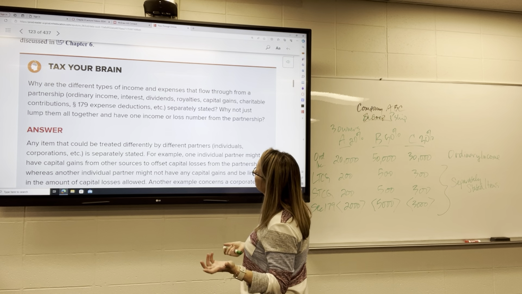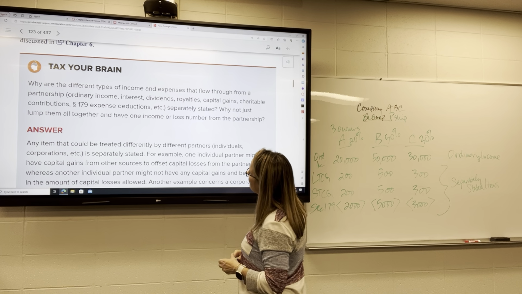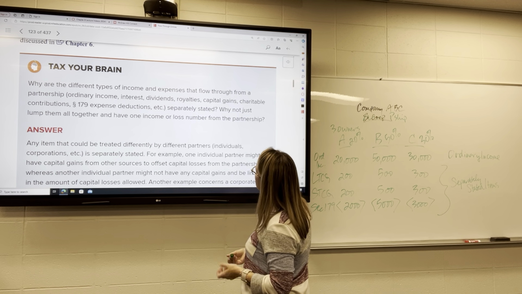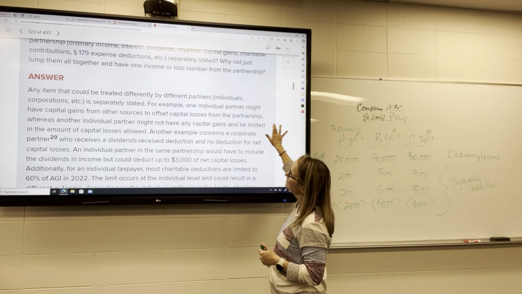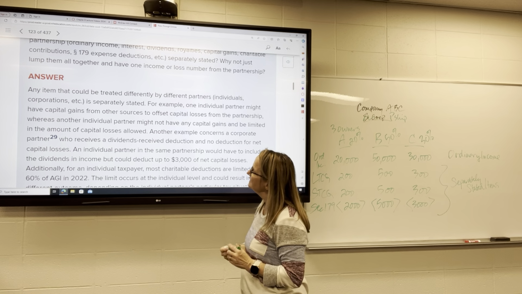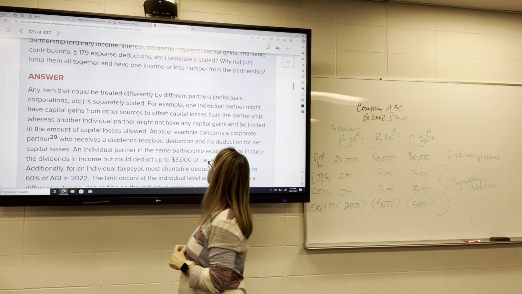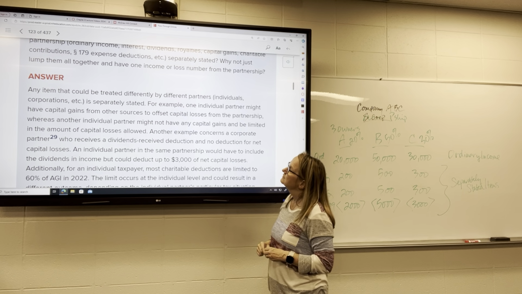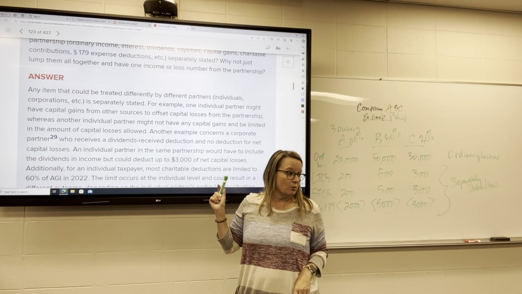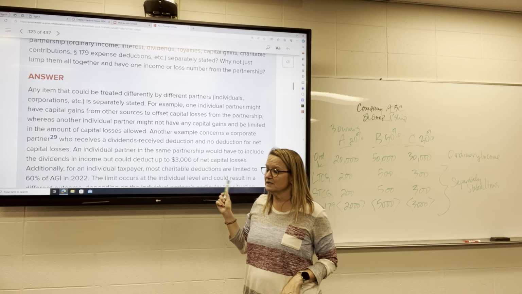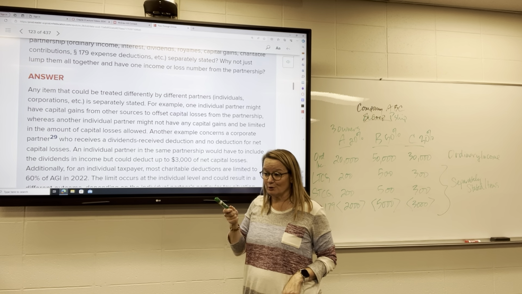So why are different types of income and expenses from a partnership separately stated? Why not just lump them all together and have one income or loss number from the partnership? Any item that could be treated differently by different partners is separately stated. Also, partners aren't necessarily always individuals. It could be another company that owns part of the partnership.